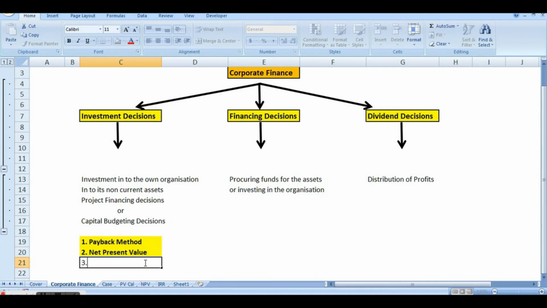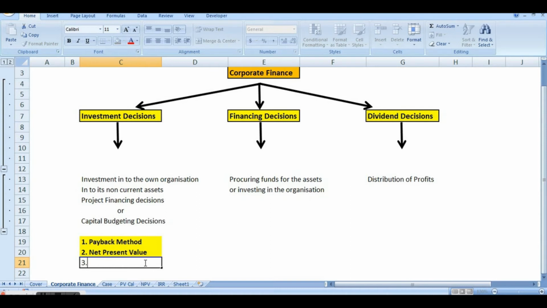So in this case, you try to compare the inflows that you are going to get from the machinery with the outflow, that is the cost that you have incurred while acquiring or purchasing that machinery, and then make a decision whether the particular machinery should be selected or not.